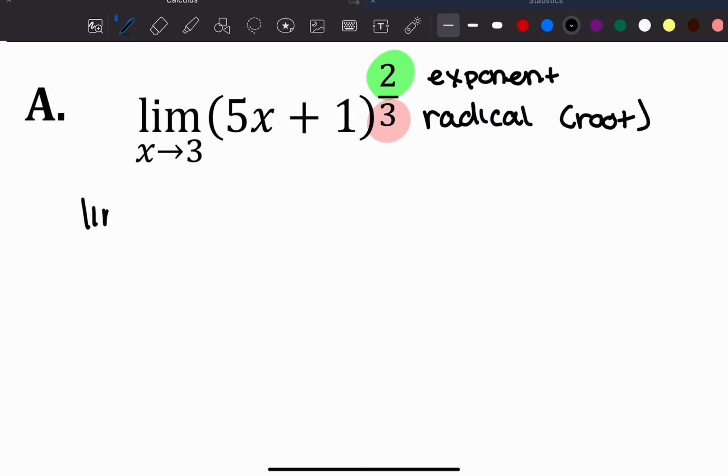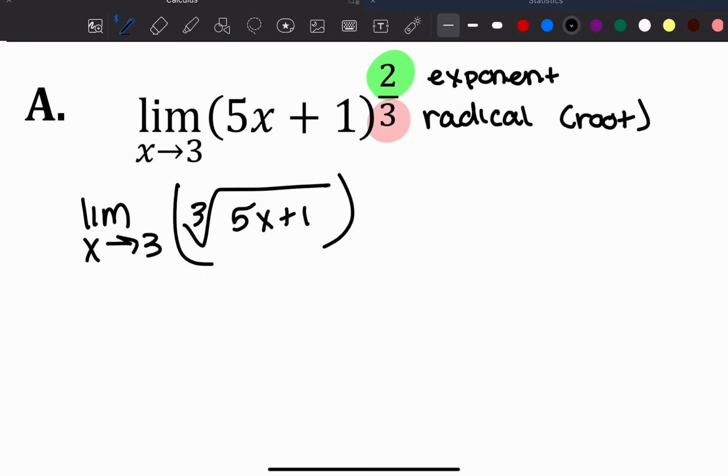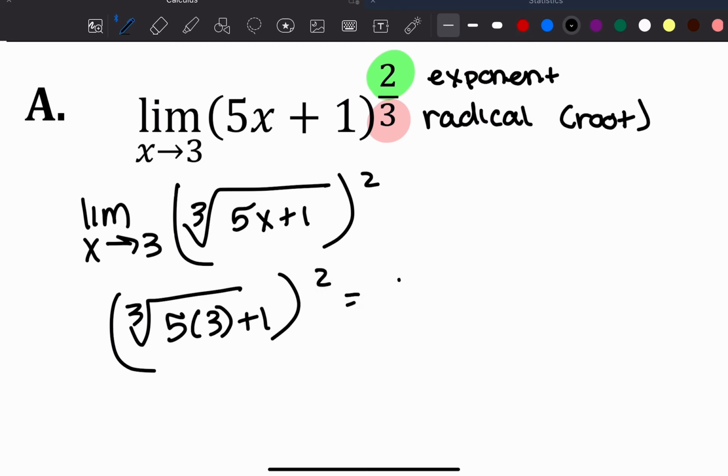So we can rewrite this as the limit as x approaches 3 of the cube root of 5x plus 1 squared. Okay, I'm going to try direct substitution and see if I get an answer. So I have the cube root of 5 times 3 plus 1 squared. This is the cube root of 16 squared.